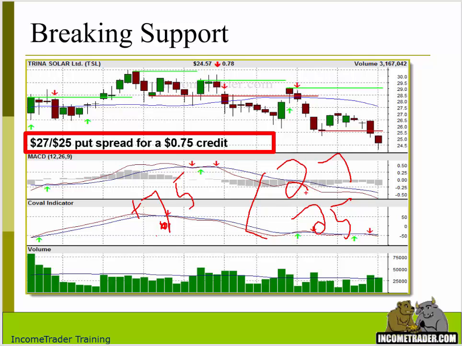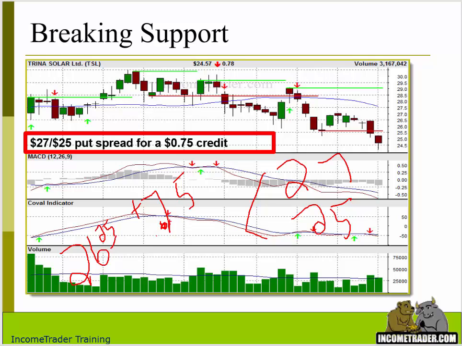So if the stock goes to 27 minus 75 cents, which in this case would be $26.25, anything above that, you're still going to be okay. And on expiration day, you could just go back in and buy your 27 put. As long as it's less than 75 cents, you still make a profit.